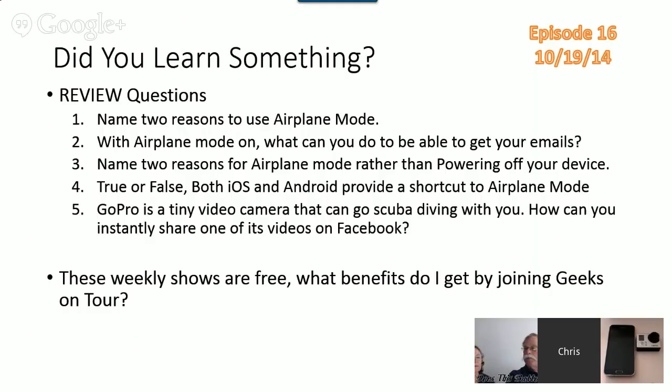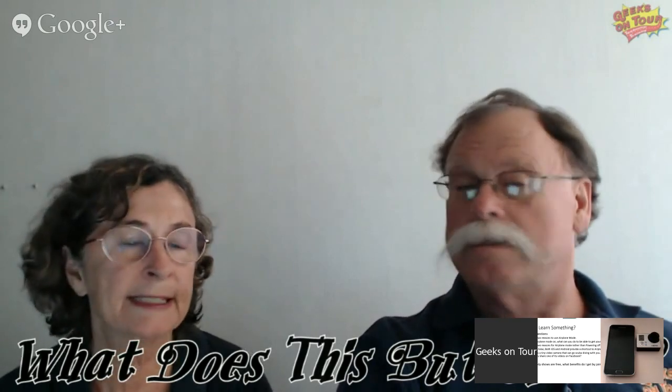So with airplane mode, what can you do to be able to get your emails? In airplane mode, to get your new emails, you can't. You can read your existing ones that are downloaded, but if you turn on Wi-Fi, then you can. And even phone calls. You can use Skype, or if you have Apple devices, you can use FaceTime.